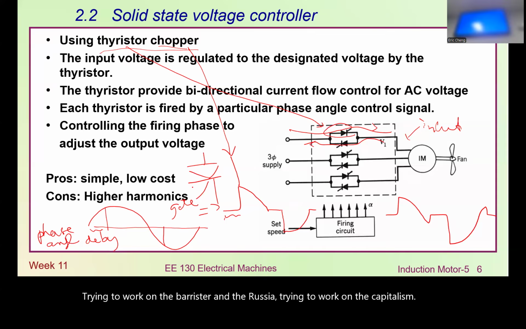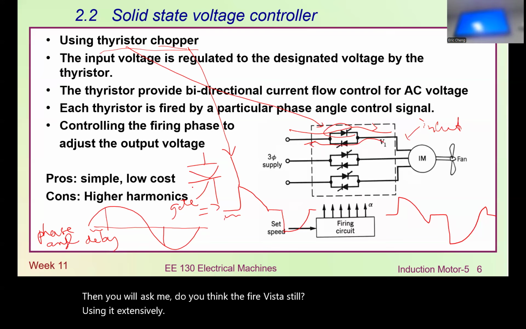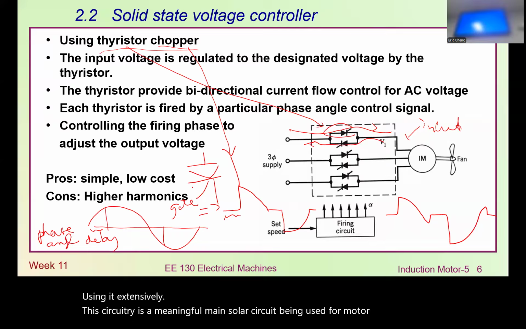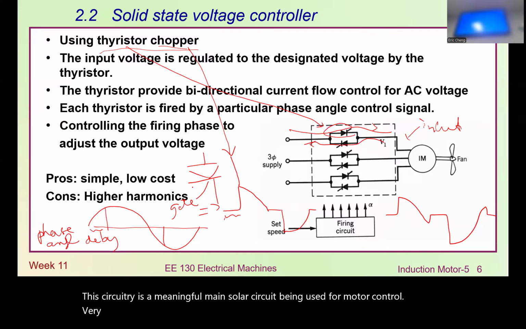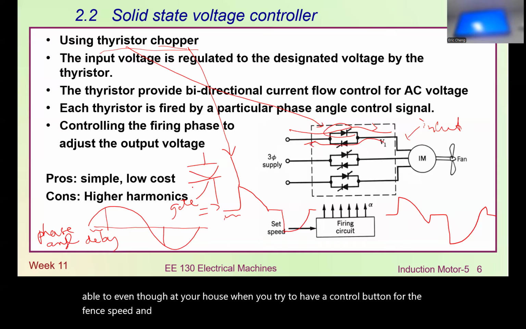So anyway, that's how the thyristor works. Then you may ask me, do you think the thyristor is still used extensively? This circuitry is a very conventional circuit. We use it for motor control, and also for fan control. Even at your house, if you have a control button for the fan speed, we are using this thyristor control.